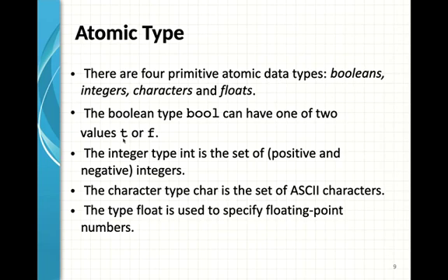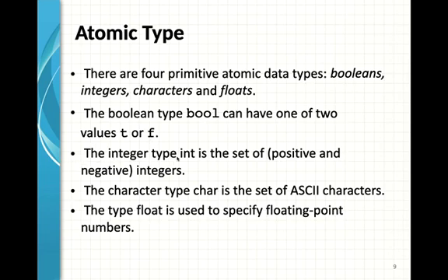This T denotes true and F denotes false. We already know that a computer can understand only the binary form, 0 or 1, that is on or off.